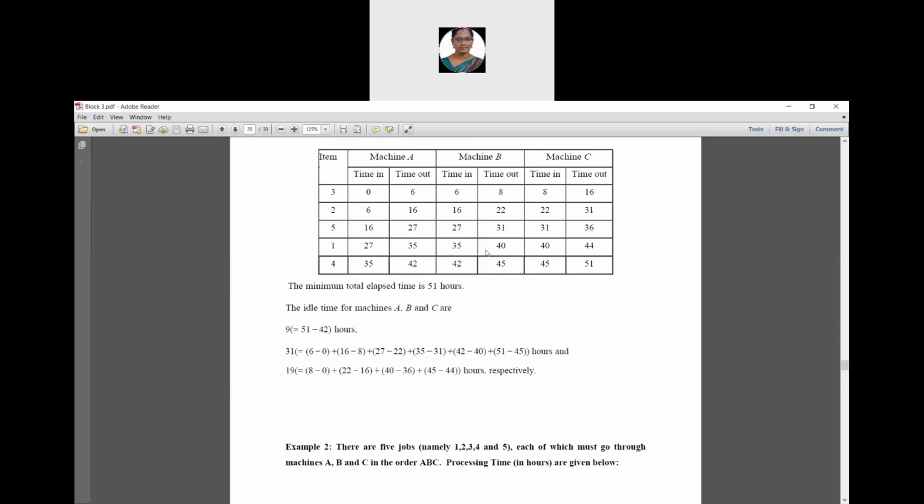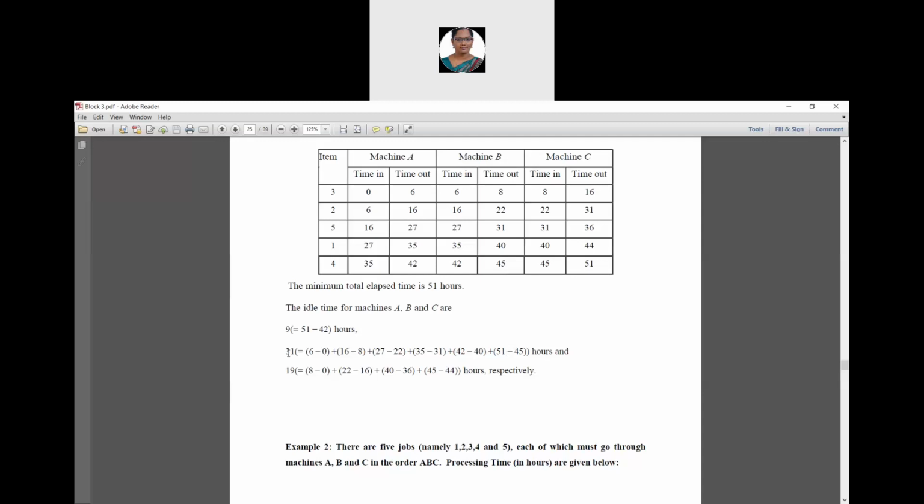So we write the first in value 6 plus the difference between 16 and 8, the difference between 27 and 22, the difference between 35 and 31, and the difference between 42 and 40. And the last thing is the total elapsed time minus the final out value of machine B, that is 51 and 45. It is 31 hours.